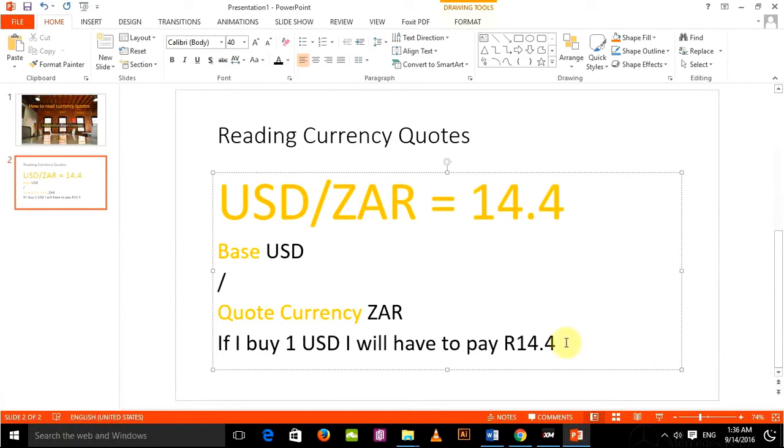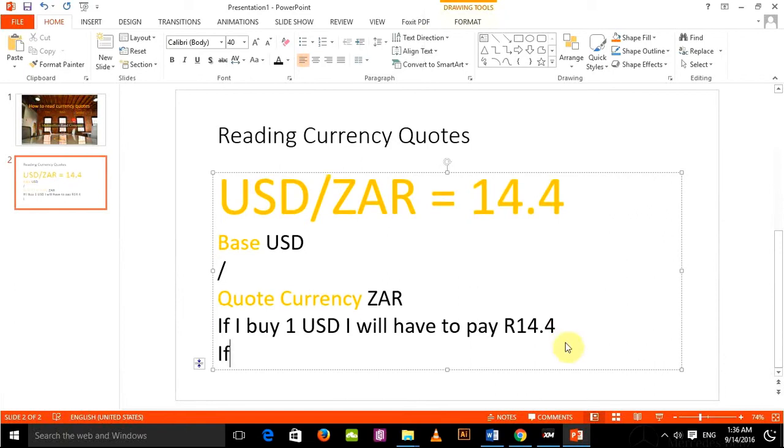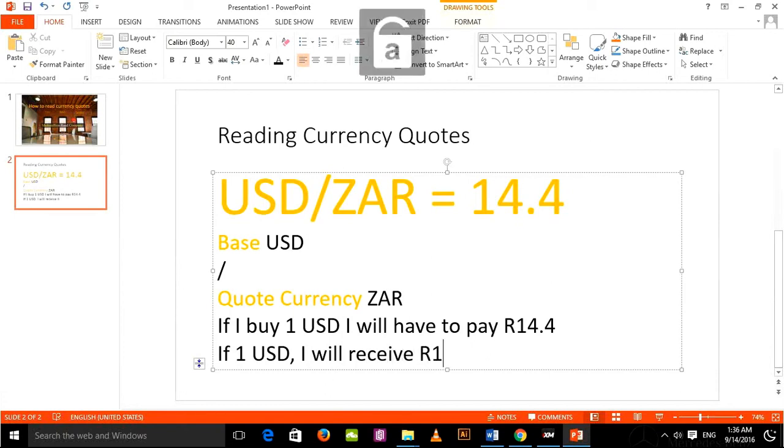If I'm selling 1 US dollar, I will receive 14 rands 40 cents.